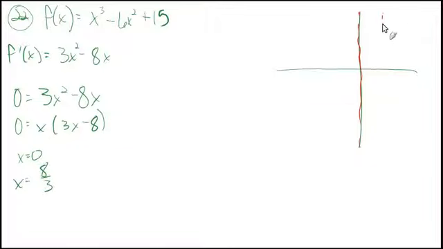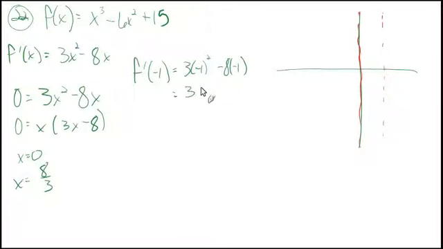Okay, so that's like almost 2. Or it's almost 3, excuse me. It's almost 3. We've got a place here and a place here, a place here. 3 different intervals to test, right? And so we'll do f prime of something over here, -1 seems good, equals 3 times -1 squared minus 8 times -1.